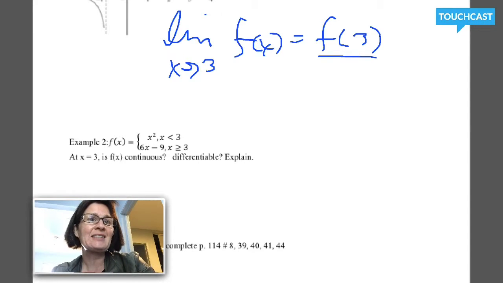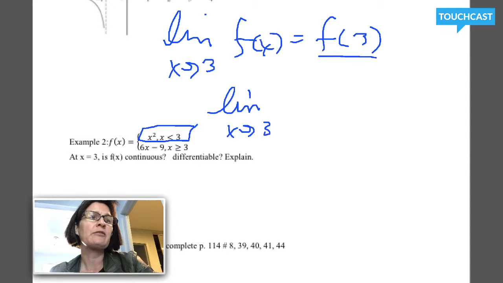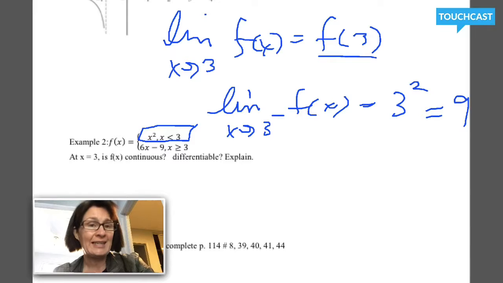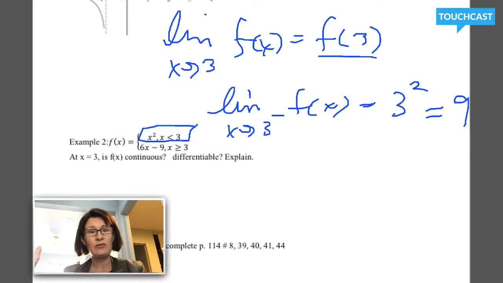So if I let x equal 3, then the limit from the left, I'm going to use that top rule. The limit as x approaches 3 from the left of f of x is 3 squared, which is 9. I used that top rule because that's the rule that's active for x values that are less than 3, and those are the x values I'm using as I approach 3 from the left.